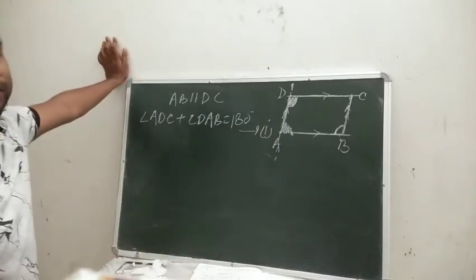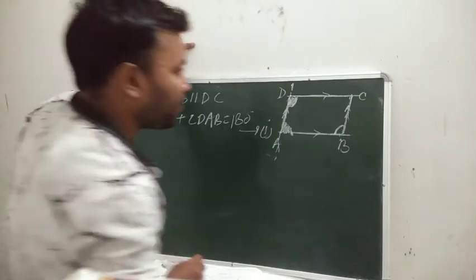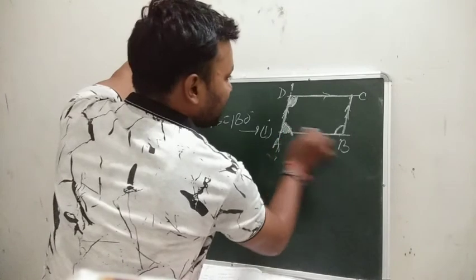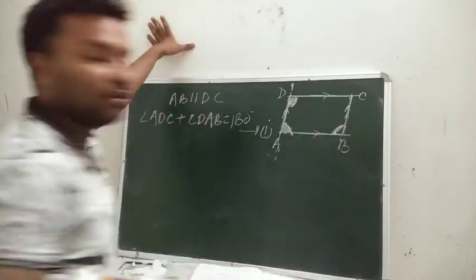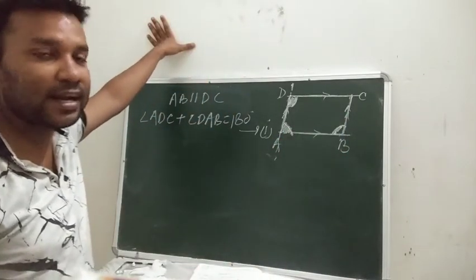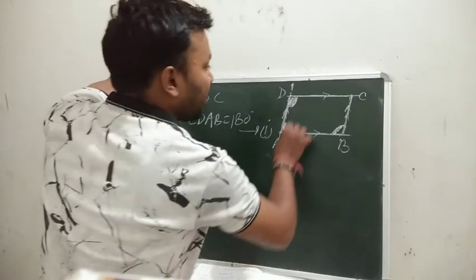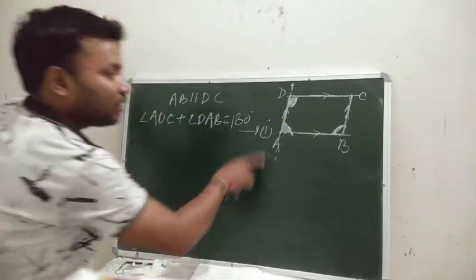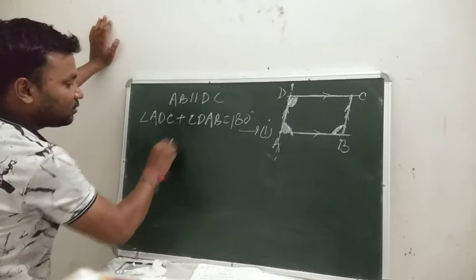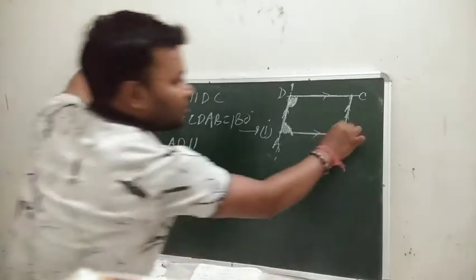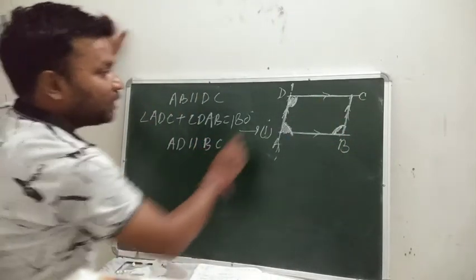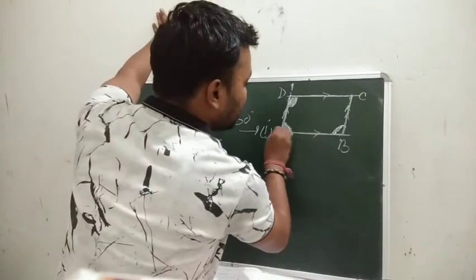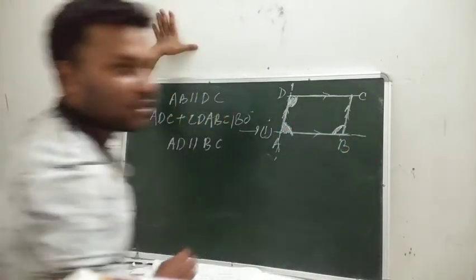Again students, similarly this angle and this angle will be a pair of consecutive interior angles. Why? Because it is already given in this question that line AD is parallel to BC, and for these two parallel lines we can consider AB as a transversal.